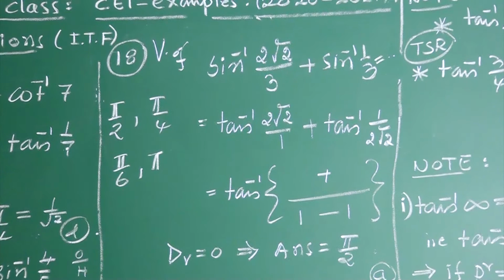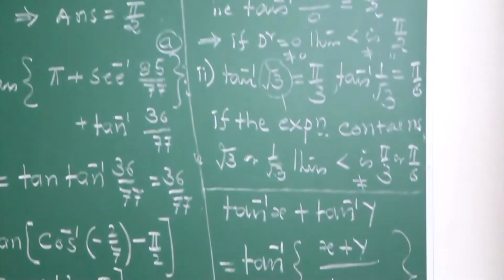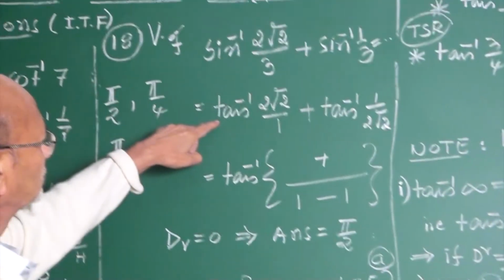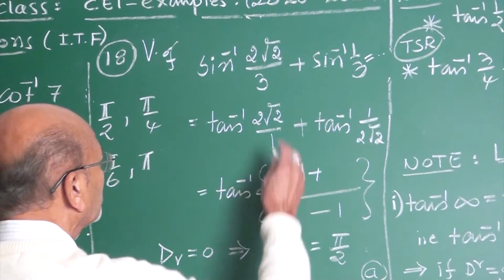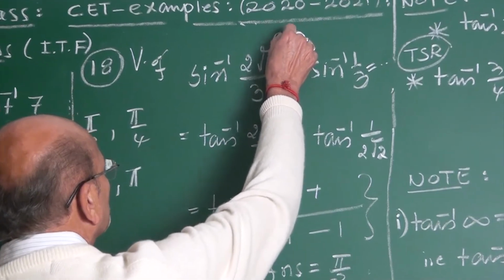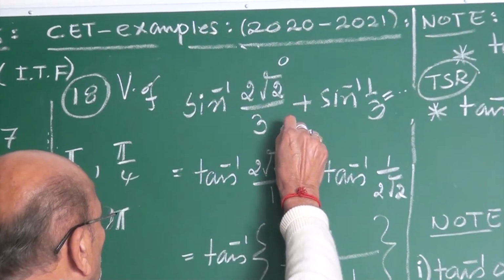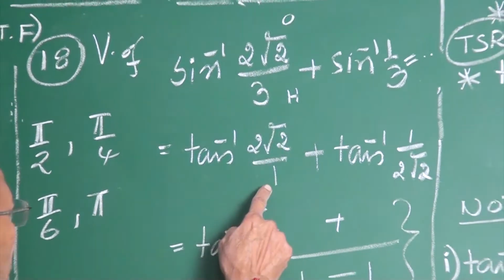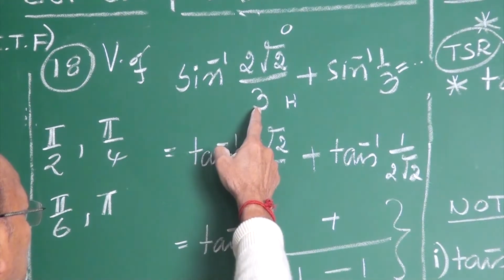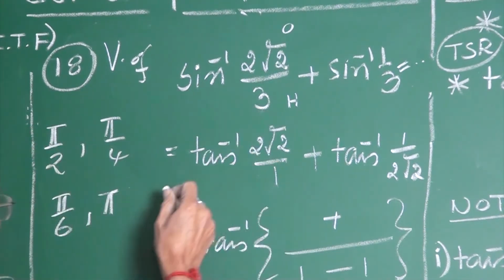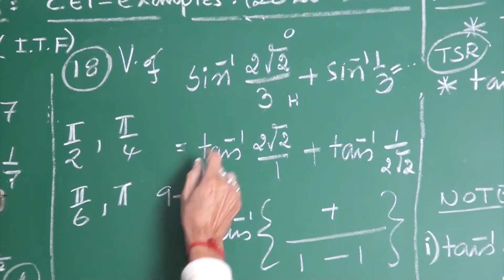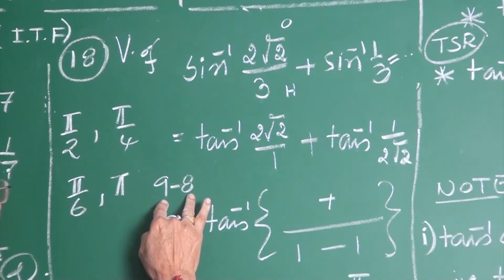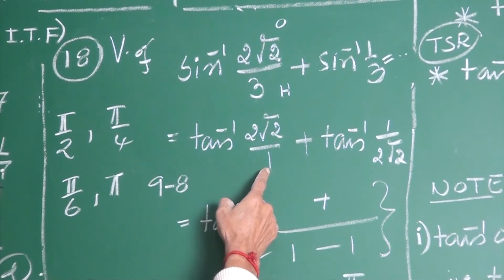Yes, same thing, because to use your Superman theorem, sin inverse to tan inverse. Sin means opposite side over hypotenuse. Tan, opposite is this. Adjacent you have to find. Square means 9, minus square, 2 into 4 is 8. 9 minus 8 is 1, square root of 1 is 1.